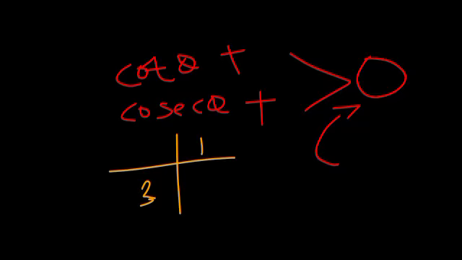We have different ratios. So cosec theta is related to sine theta, meaning it is positive in the first quadrant and in the second quadrant.